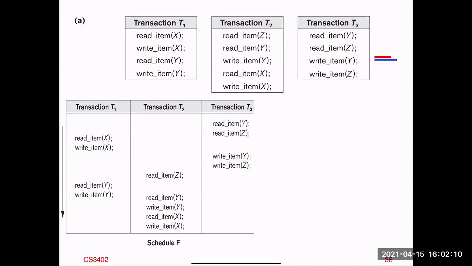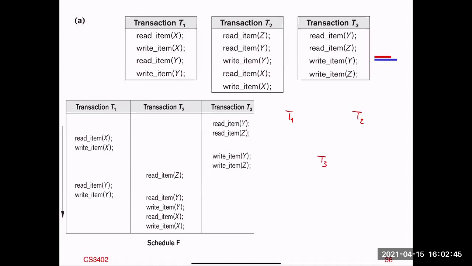Again, we have three nodes, T1, T2, and T3. Now let's see what kind of edges we have. Let's start at T1. Here we have a read item of X and a write item of X. Do we have any conflicting operations here?